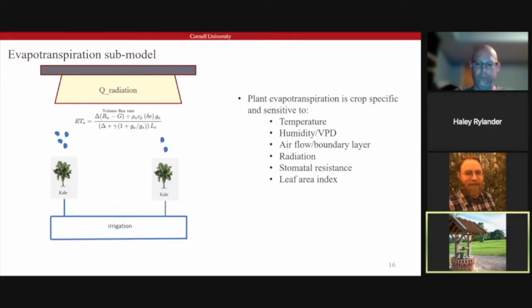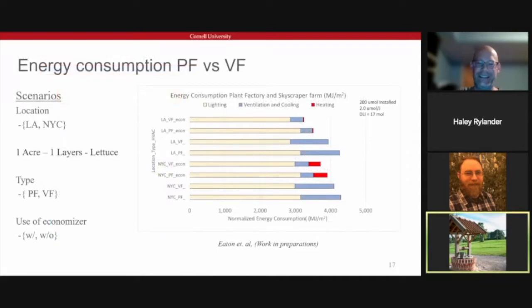I don't have time to go into the specific model I used. Some famous models are Penman-Monteith, and I think many people here might be familiar with that model, but I thought I would just jump into some results of work that is in preparation.